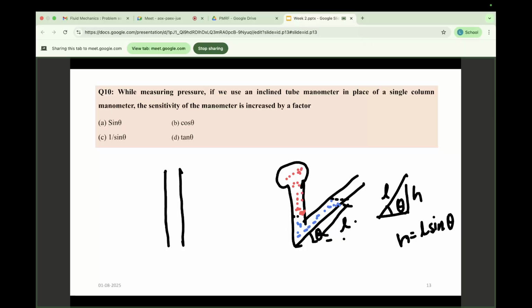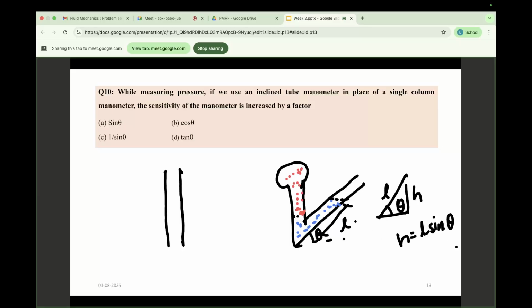L sin theta. See, this is for inclination. If theta is 0, then this height should be 0, right?